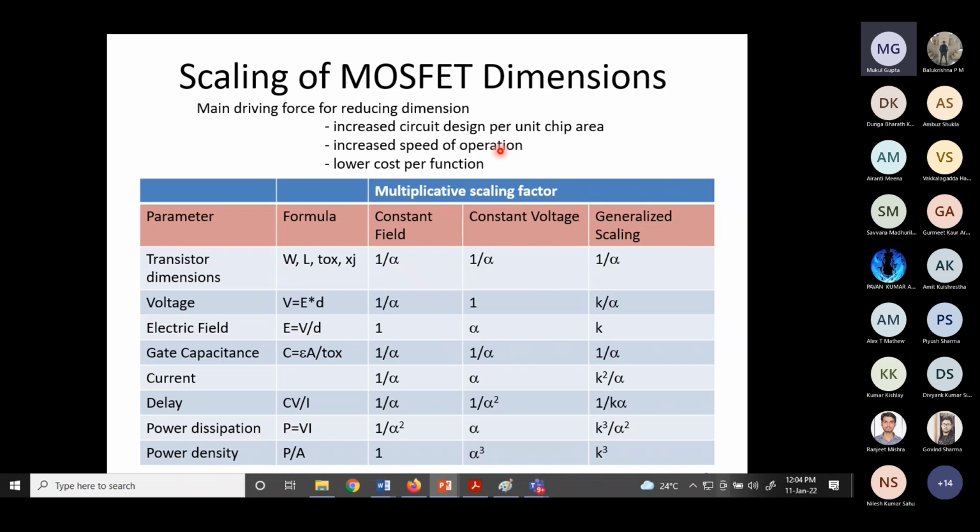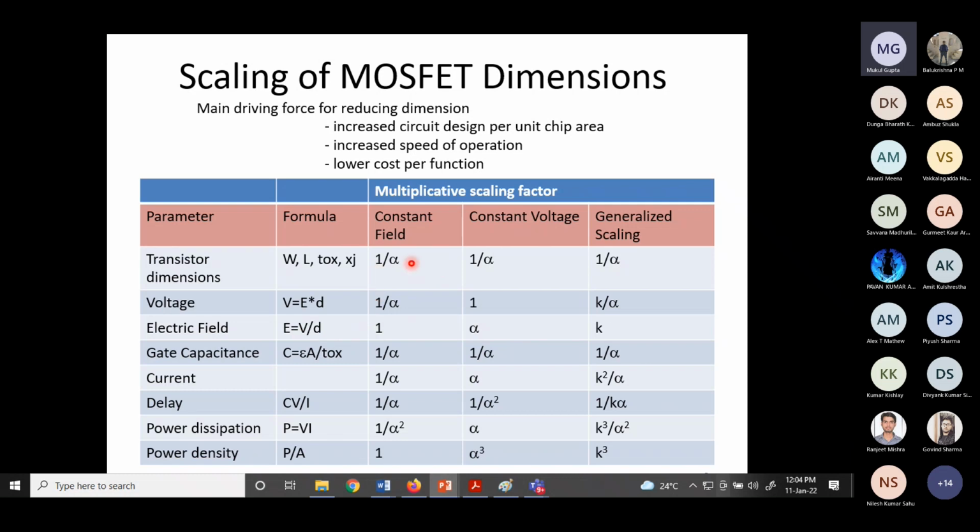So as I said, there are different approaches to reduce the dimension and other associated parameters of microelectronic or nanoelectronic devices, so that advantages can be achieved. And we said there can be a constant field approach where we keep the field constant.